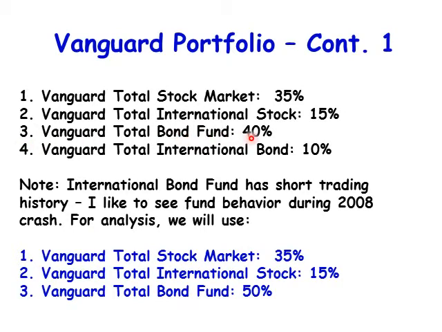For investing purposes, you can go ahead and use a 40% bond fund and 10% international bond fund, but for analysis we'll use Vanguard total stock market 35%, Vanguard total international stock market 15%, and Vanguard total bond.